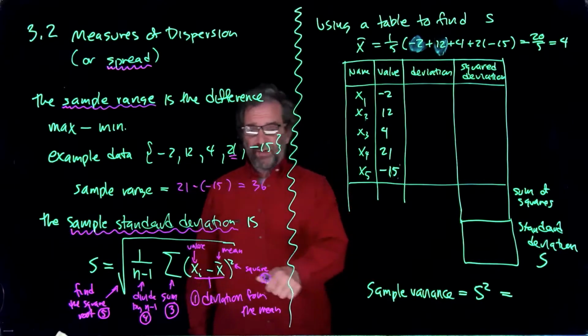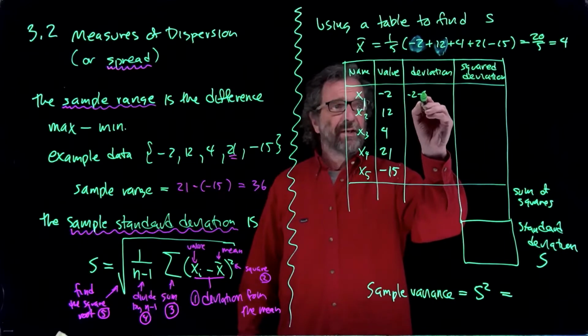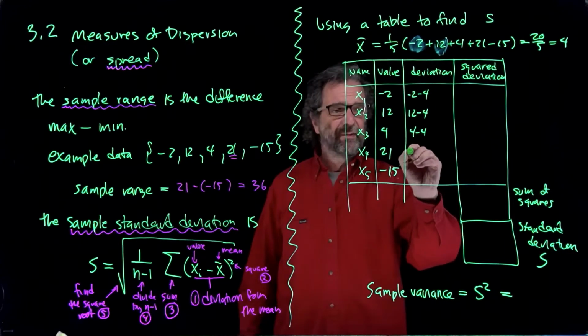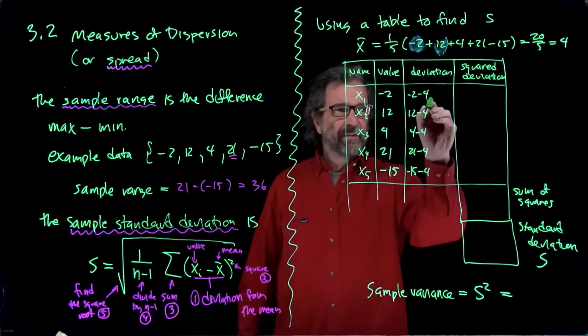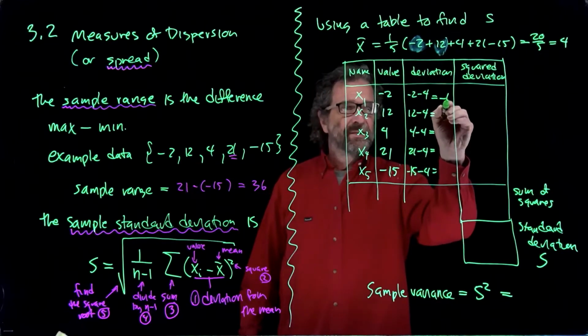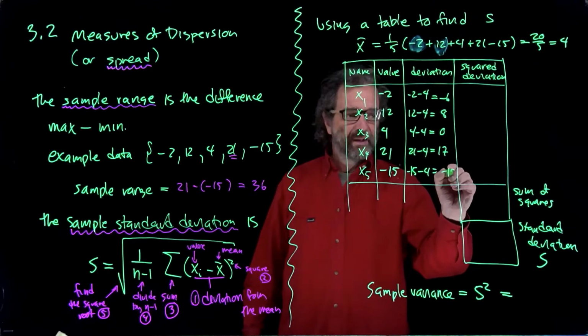And then the deviation is value minus mean. Minus 2 minus 4, 12 minus 4, 4 minus 4, 21 minus 4, minus 15 minus 4. So we get minus 6, 8, 0, 17, minus 19.